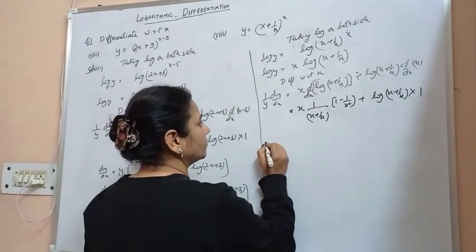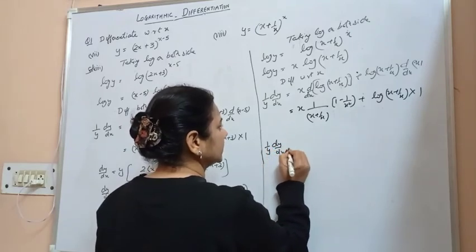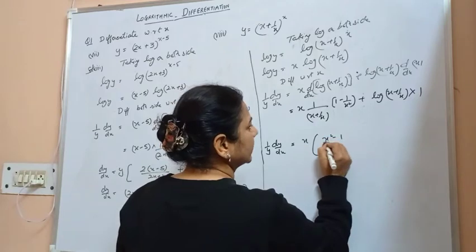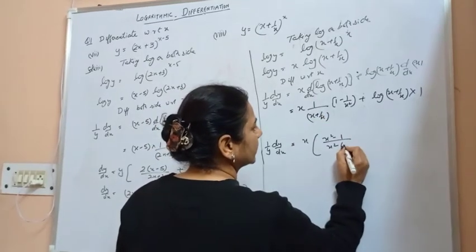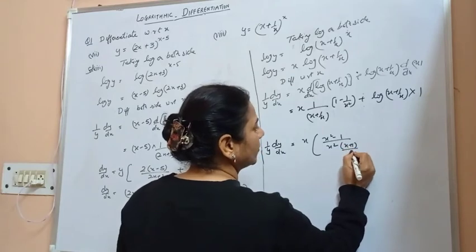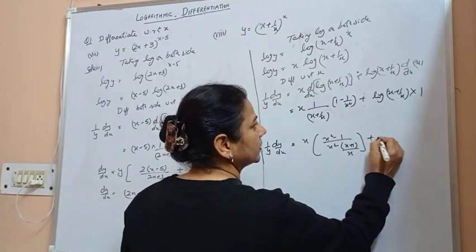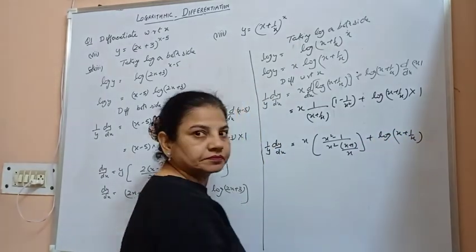So I get 1 upon y dy by dx is equal to, take the LCM, (x square minus 1) upon x square. Take the LCM of the denominator. I get x plus 1 upon x. This x comes in the numerator, plus log (x plus 1 by x).